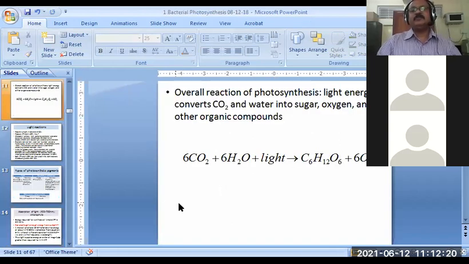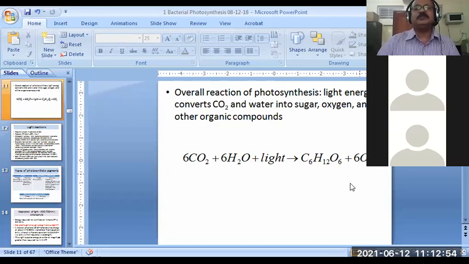We should also know the overall reaction of photosynthesis. That is 6CO2. Why is CO2 required? CO2 is required for fixation, that is, CO2 will be converted into an organic molecule, a carbohydrate such as glucose. 6CO2 plus 6H2O in the presence of sunlight gives the carbohydrate C6H12O6, the glucose molecule, and there is evolution of oxygen, 6O2.